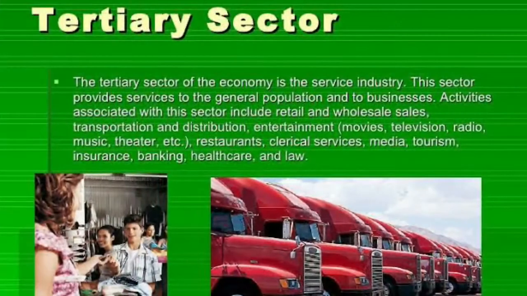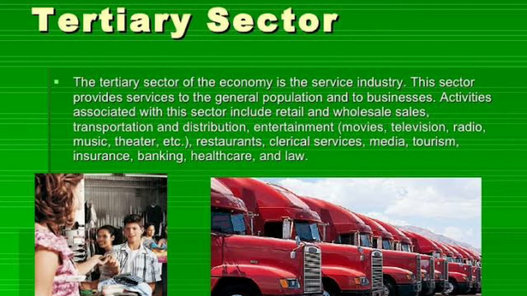After primary and secondary, there are activities that fall under the tertiary sector. The activities in the tertiary sector are different from the primary and secondary sector. What is the difference here? In primary and secondary sector, we see that goods are produced. But the tertiary sector does not produce any goods.